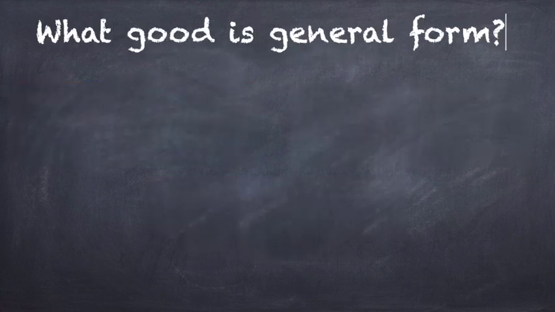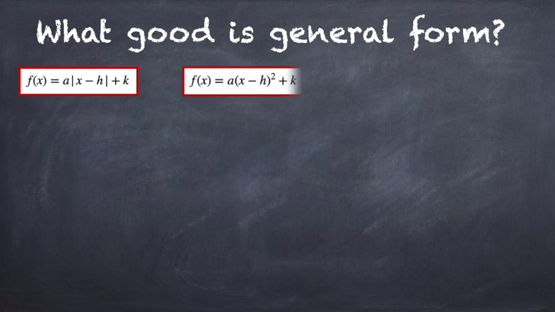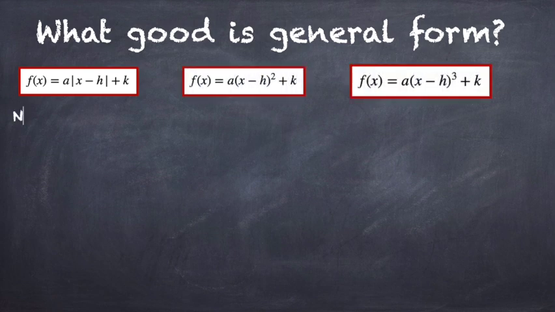Okay, you might ask me, what good is general form at all? Well, we're getting ready to talk about what good it is. We have our absolute value, our quadratic, and our cubic. Notice in all of them, we have an a value. The a value is located out front of each and every one of these, okay?